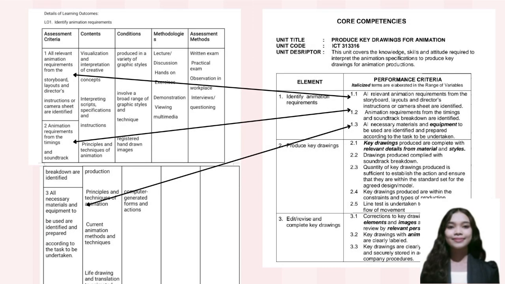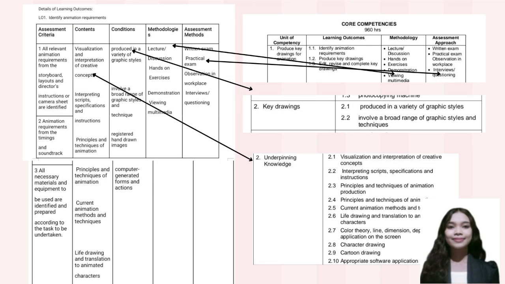So first, we have the LO1, Identify Animation Requirements. Dito po sa assessment criteria, nag-base po kami nito sa TR and nakuha namin ito sa performance criteria po. Then sa contents, nag-base naman po kami sa underpinning knowledge, and for the conditions, nag-refer naman po kami ulit dito sa range of variables, at sa methodologies and assessment, nag-base naman po kami sa TR ulit at yung align lang po sa learning outcomes.